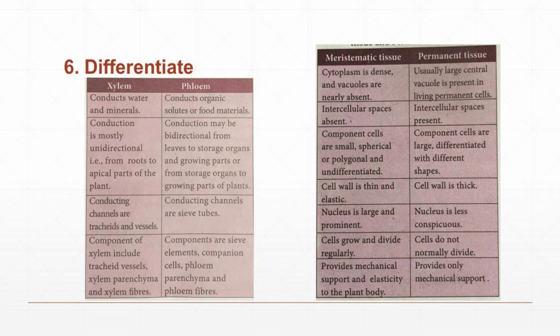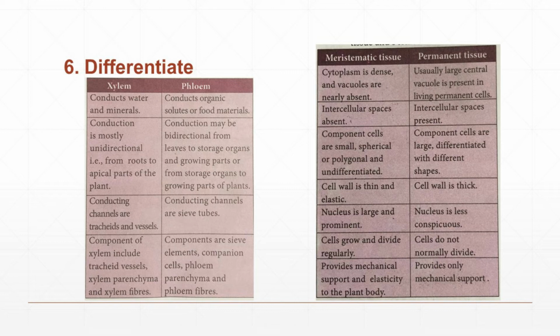In meristematic tissue, intercellular spaces are absent. In permanent tissue, intercellular spaces are present. In meristematic tissue, component cells are small, spherical or polygonal and undifferentiated. In permanent tissue, the component cells are large and differentiated with different shapes.